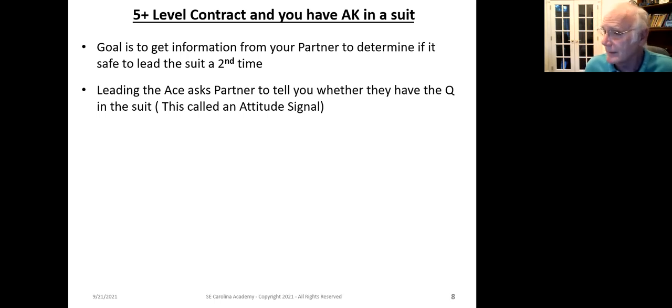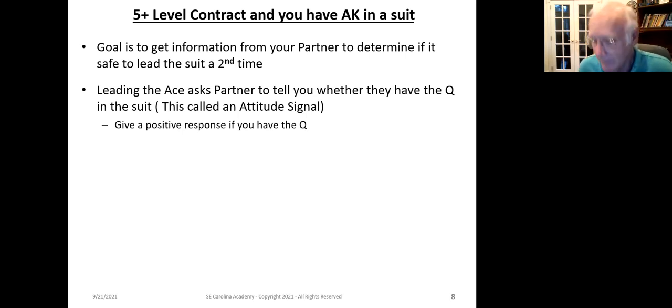The other one is to ask your partner for a count. So let's stay here with the attitude. If you lead the ace, think of ace and attitude. It says, hey, give me attitude and tell me you've got the queen. Now if they've got the queen, they're going to give you a positive response. We're not going to discuss what the positive response should be, but just that you're trying to get that information from them, trying to talk back and forth. And so by leading the ace, you're saying, hey partner, do you have the queen?